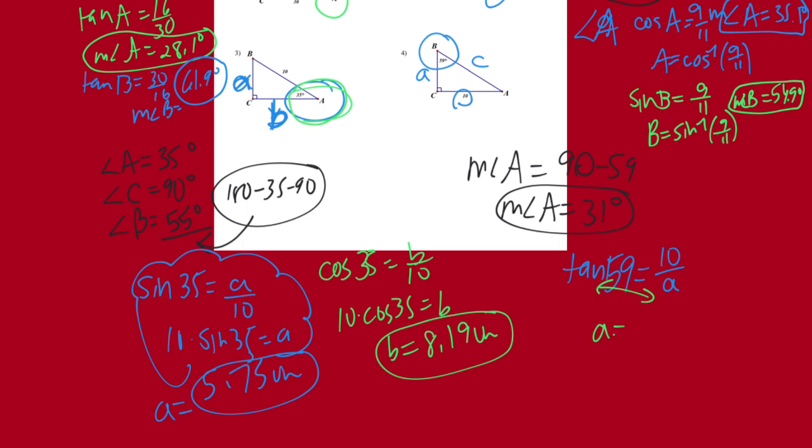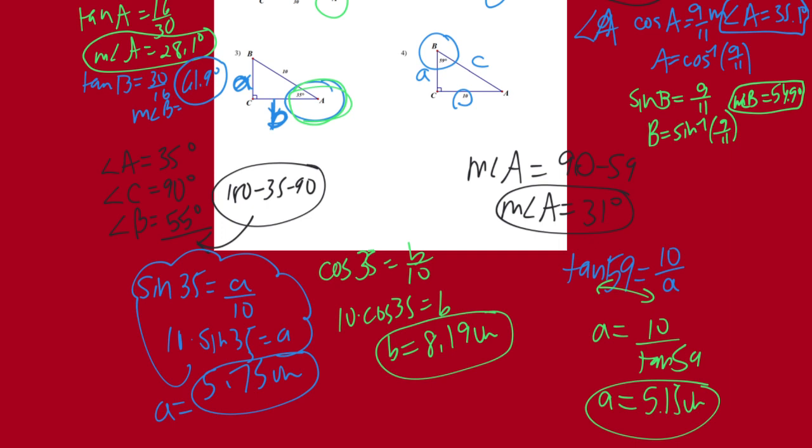So A is equal to 10 over tangent of 59. If you find that quotient, A is equal to 5.15 units. And remember that has to do with cross multiplying. You can interchange the diagonal things across from an equal sign and you'll get the same answer.